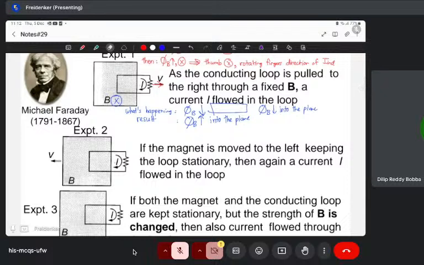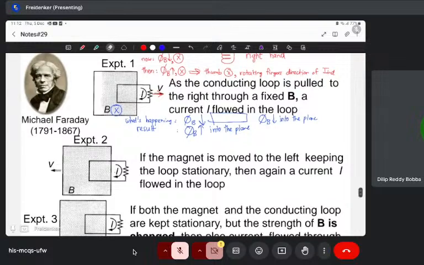In the other case, when the magnetic field region itself is being pulled to the left, what is going to happen? Even in this case, magnetic flux is decreasing. So experiment 1 and experiment 2 are the same thing, because magnetic flux is decreasing in the into the plane direction.